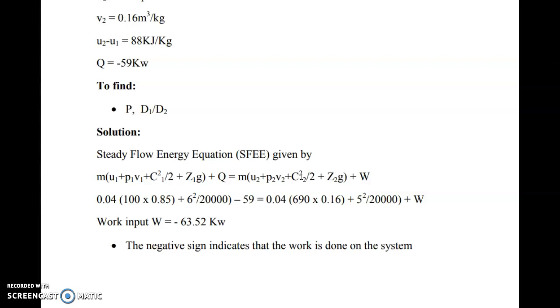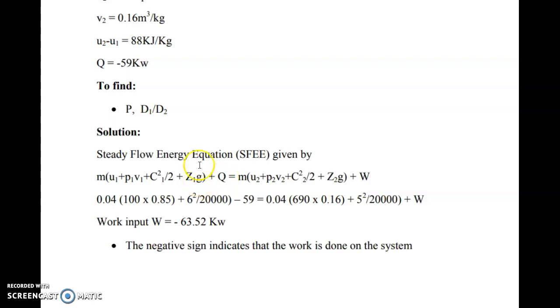Based on our given condition, we have to modify or neglect some of the terms in the general steady flow energy equation. Particularly, the datum height between the inlet of the compressor and the outlet of the compressor is very small, and that small effect will not make much difference to your output.